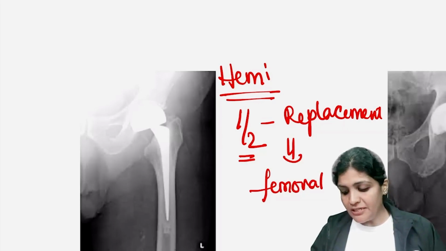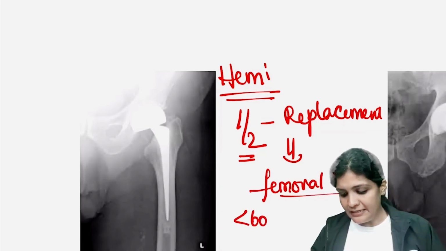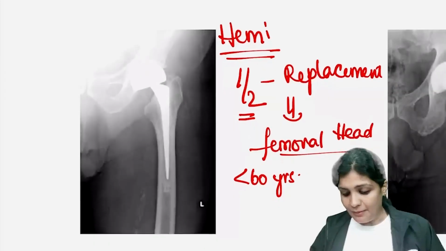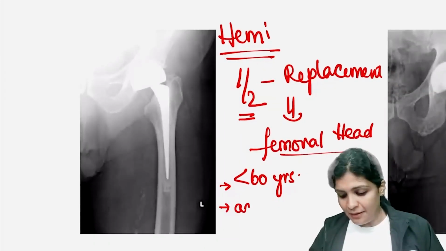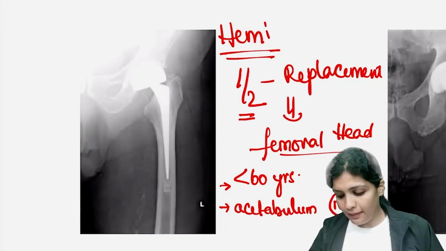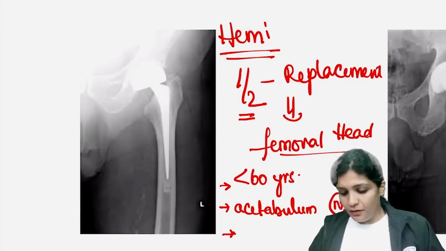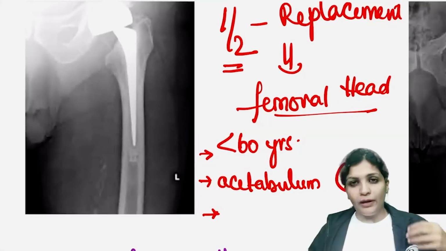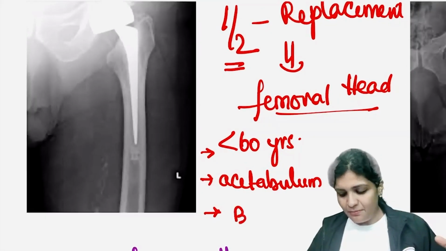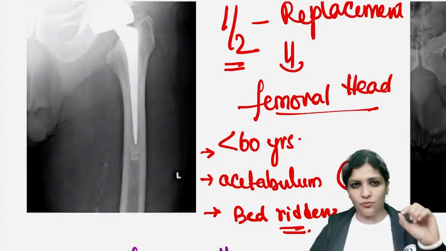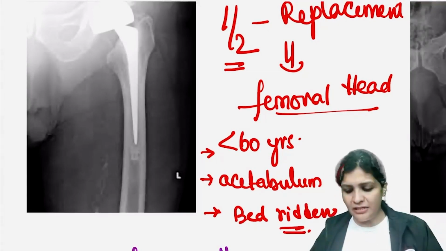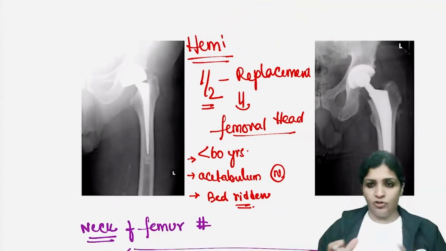So if the patient is less than 60 years and sometimes the acetabulum is normal, and if you don't want any complications, like in bedridden patients, even though the acetabulum is a problem, where they want normal surgeries, they go for your hemiarthroplasty.